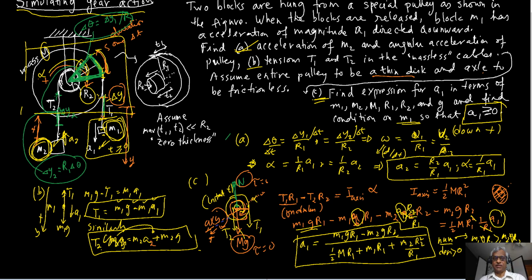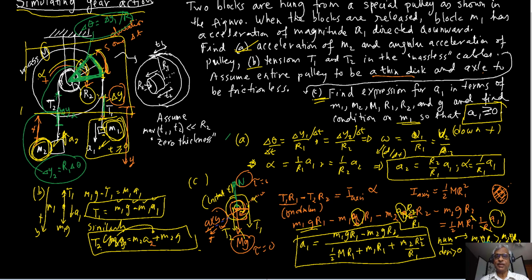So this is this machine. If you think of this as a machine, then this machine has to have the right amount of mechanical advantage. This ratio is often called mechanical advantage. You really have to have the correct mechanical advantage for it to do what you want it to do, like lift this big weight, M2.